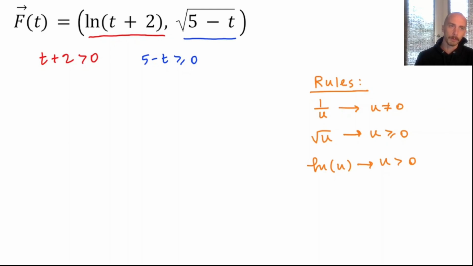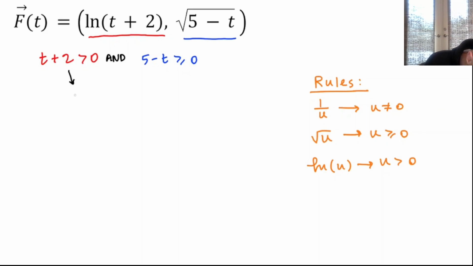Now, in order for both of these components to be defined, I need both of these inequalities to be true simultaneously. So the domain is where t plus 2 is greater than 0, and where 5 minus t is greater than or equal to 0. I'll solve each of these inequalities individually.